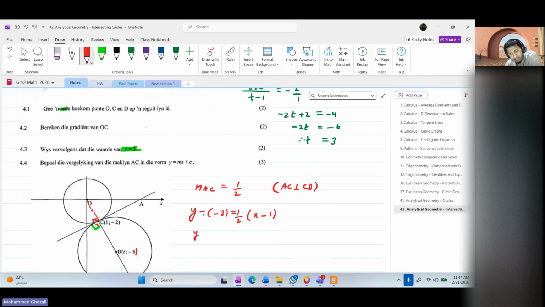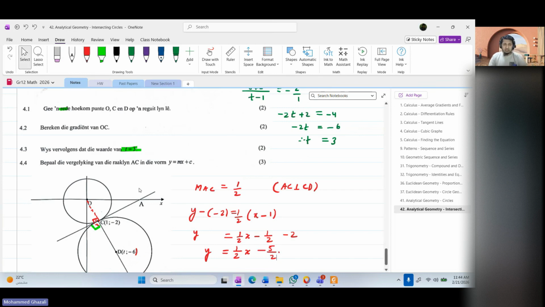So remember, you have a plus 2 here. Take it over, it will become minus 2, which is half x minus a half. So y is equal to half x minus 5 over 2. And so I have an equation of AC. Right, so that's what they wanted. Write the equation in the form y equals mx plus c.